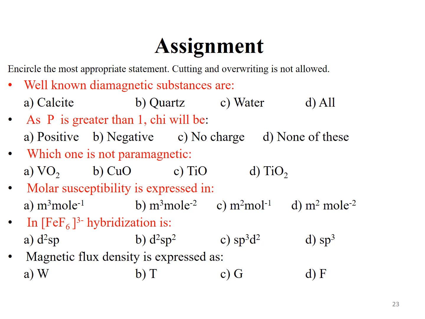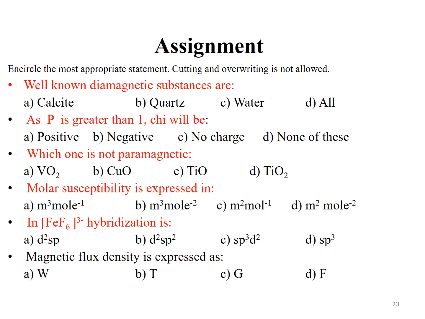It's also sometimes written as M. M is particularly the magnetization of paramagnetic materials. So whether it's P or M, the meaning of both these symbols is the same. Then the options are negative, positive, no change, none of these. I think it's a very simple question and you must know the answer.